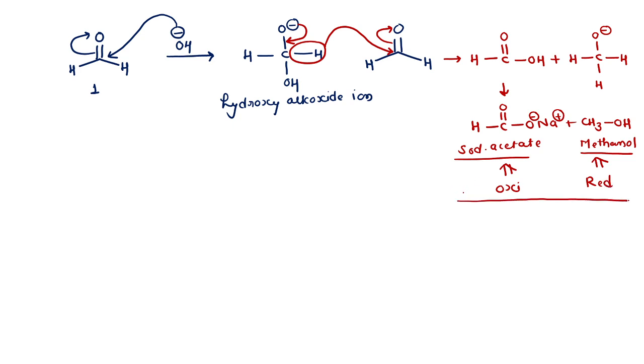That's why this reaction is known as a disproportionation reaction. As the reactivity of both is the same, we have got one acid and one alcohol. This is the first reaction.